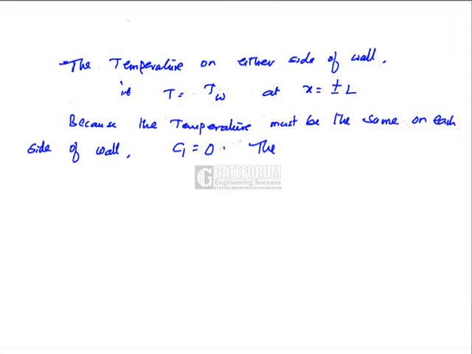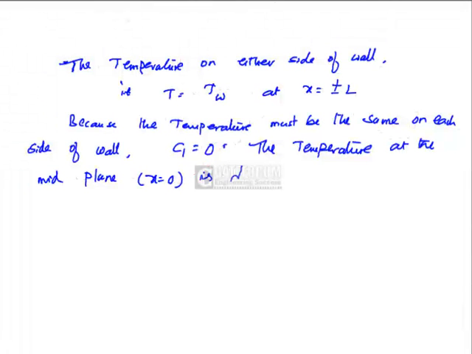The temperature at the midplane, that is x is equal to 0, is denoted by T0.